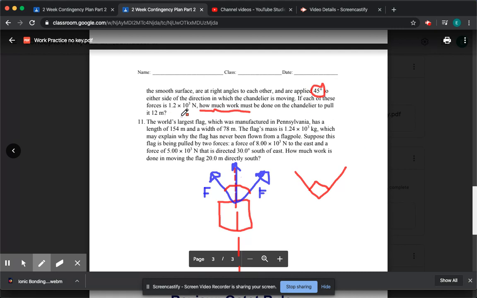The F is this value. So F is going to be equal to, let me erase this so I can have more space on this side. So both F's are the same number, and that number is 1.2 times 10 to the 3, which would be basically 1200, okay? So this is 1200 newtons. Okay, that's 1200 newtons.